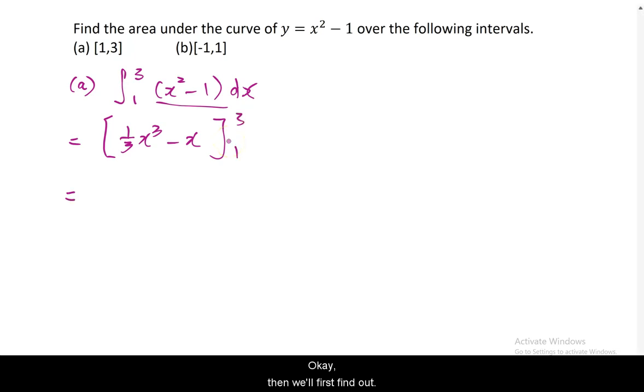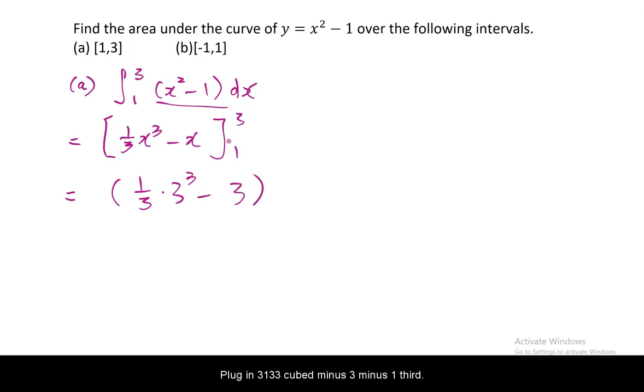Then we'll plug in 3 first, right? 1/3 times 3 cubed minus 3, minus, plug in 1, 1/3 times 1 cubed minus 1.